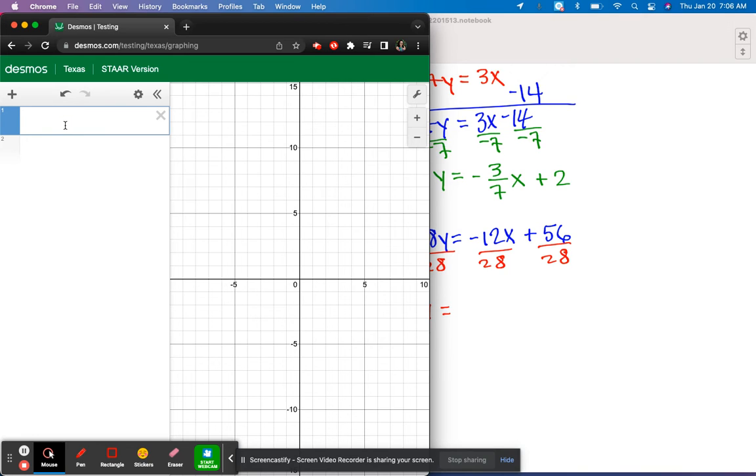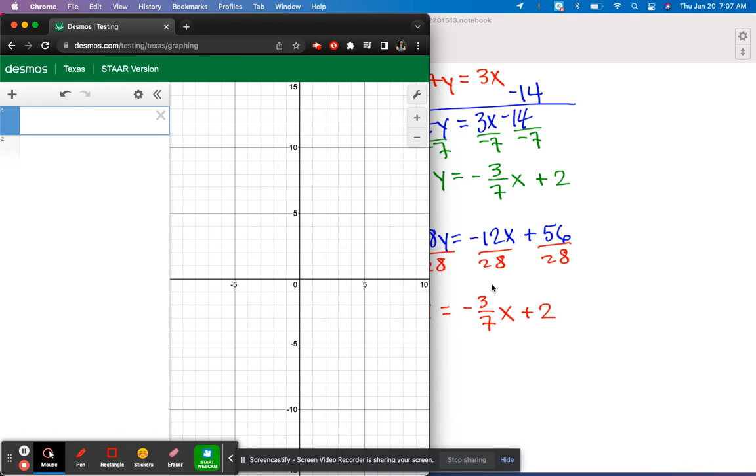So we have negative 12 divided by 28. I want to change that into a fraction, and we get negative 3/7. And then 56 divided by 28 is 2, so plus 2. And if we look at both of these equations, they're the same.